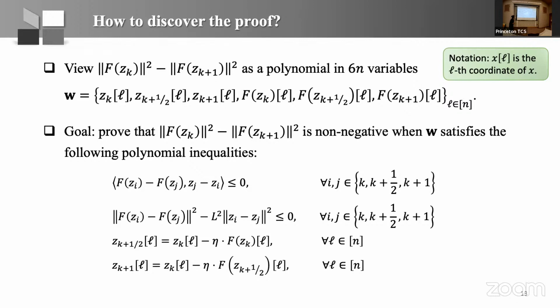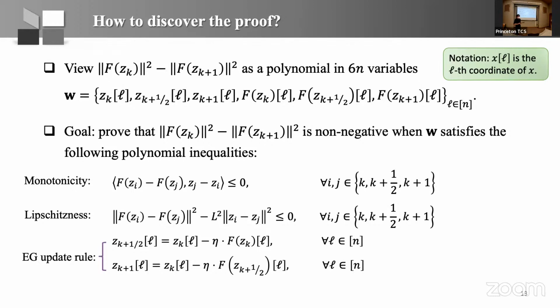What are the constraints? The first constraint is this monotonicity constraint I wrote, which comes from the fact that F comes from a convex-concave objective function. The second one is Lipschitzness. The last one is the update rule of the algorithm.